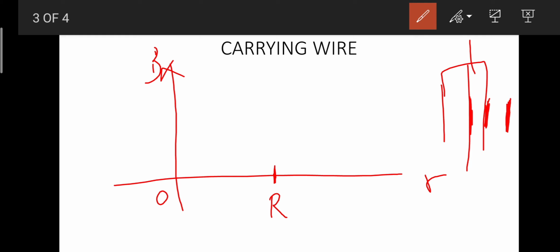So this condition I have drawn, and I have mentioned that initially inside the conductor, if you're increasing the distance r, B is increasing. So I can draw a linear graph for this case.